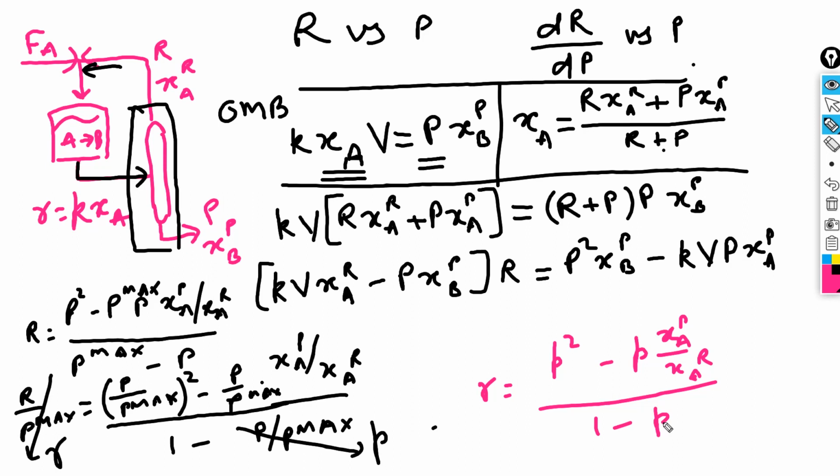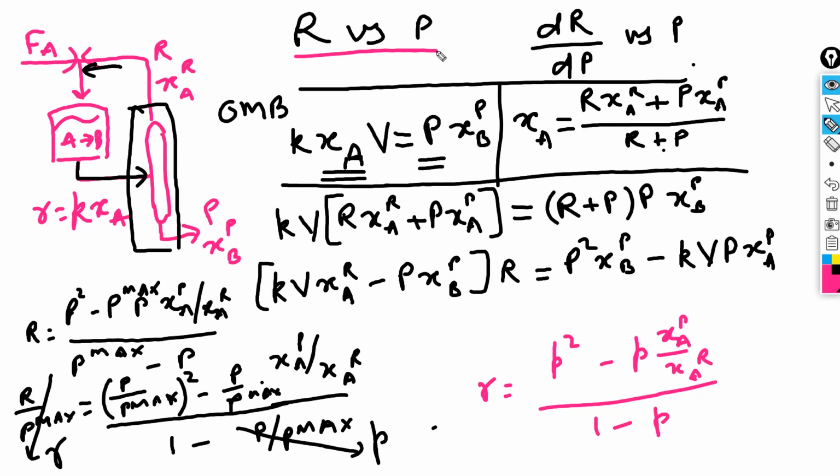What this equation is showing is that as your production approaches P max, R, or scaled recycle rate, goes to infinity. So recycle blows up as production is increased. That's what this equation is showing.